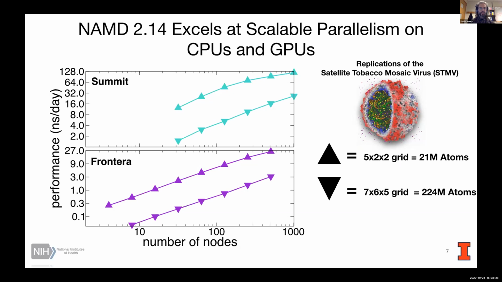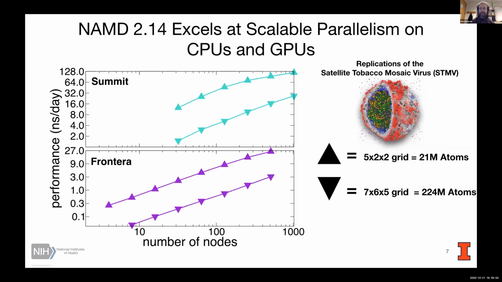And so here I'm showing you some of the scalable results where we're measuring performance in terms of the computed nanoseconds of simulation per day, and then shown on the number of nodes to achieve that performance. And so these are strong scaling plots here on two of the leading supercomputers right now.